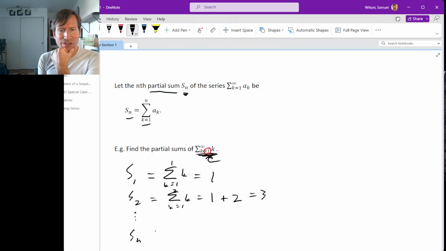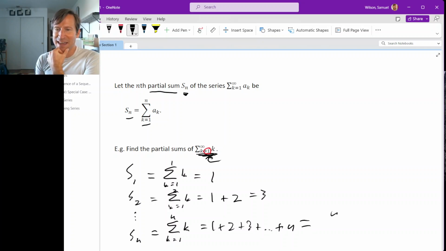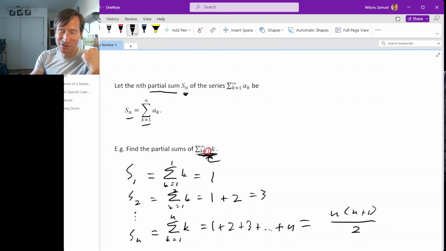The nth sum is going to be 1 plus 2 plus 3 and so on down to n, which, if you remember, we've actually seen this one before, the sum from k equals 1 to n of k. That was n times n plus 1 over 2. So that's what a partial sum is. It's just adding up the first several terms in the series.